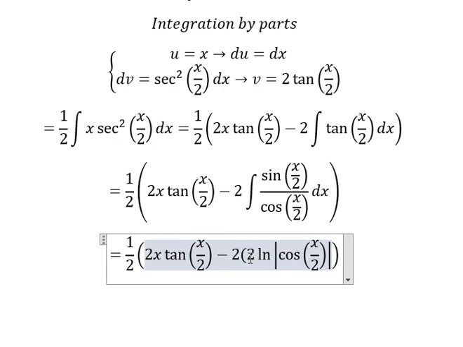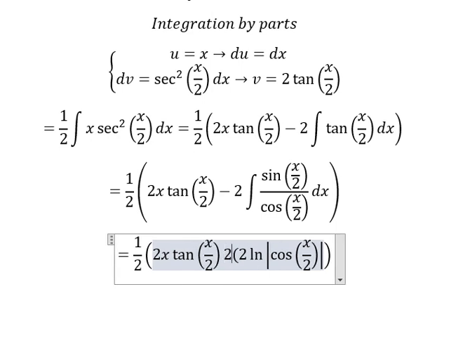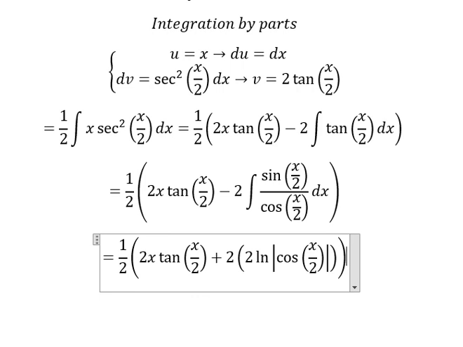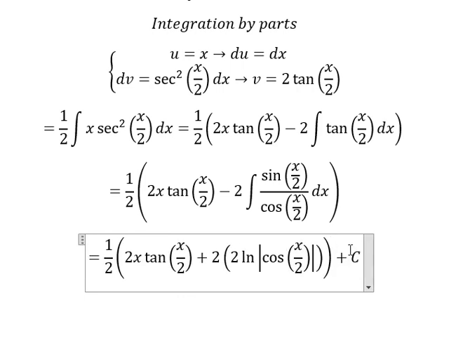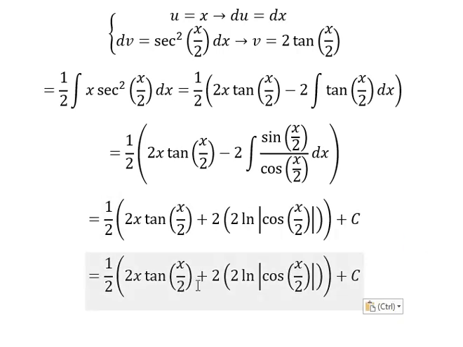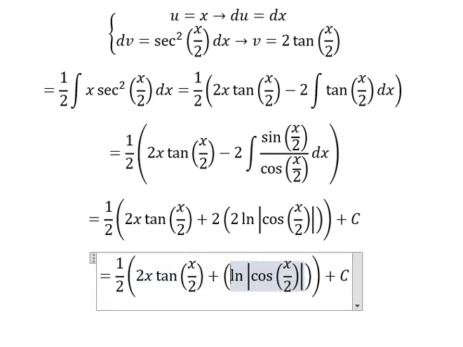And then we have the negative sign in here. So negative with negative, you get positive. And then I will put c, that's the constant. So 2 with 2, you get 4.